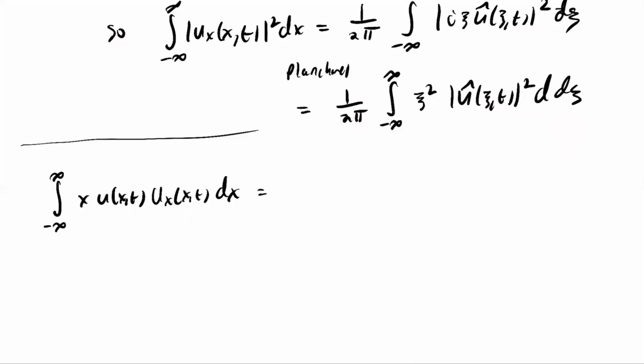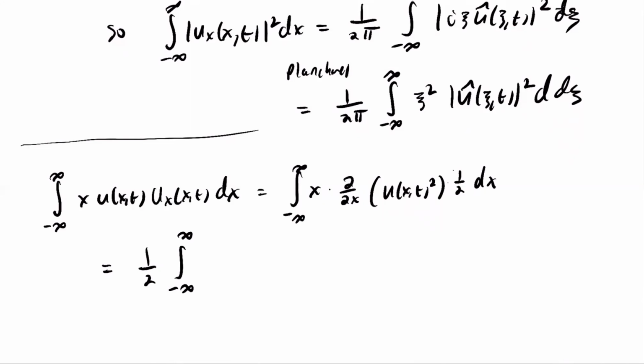Well, notice I can write this as the integral from minus infinity to infinity of x times the derivative with respect to x of u squared times 1/2, right? Because if I differentiate u squared, I get 2 times u times u_x, right? And so here I have u times u_x, which is why the 1/2 is here, right? And so this is equal to 1/2 times the integral from minus infinity to infinity of x times the derivative of u squared.